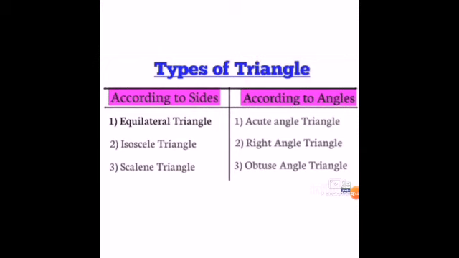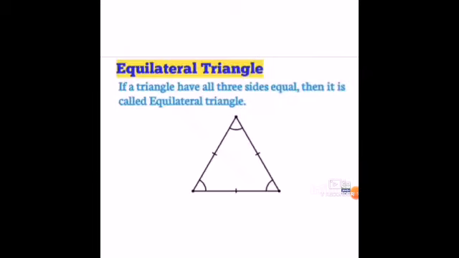Now, types of triangle, classification on the basis of the length of their sides. So first one is equilateral triangle. If a triangle has all 3 sides equal, then it is called an equilateral triangle. Here you can see all the 3 sides are equal and all the angles are also equal.